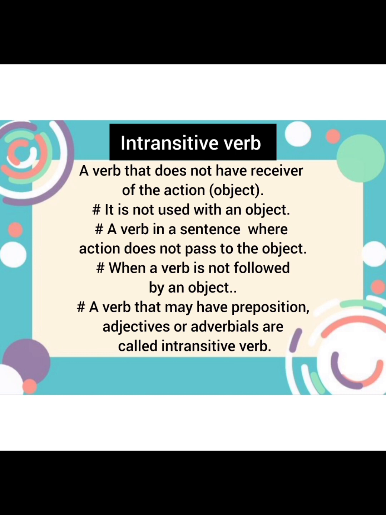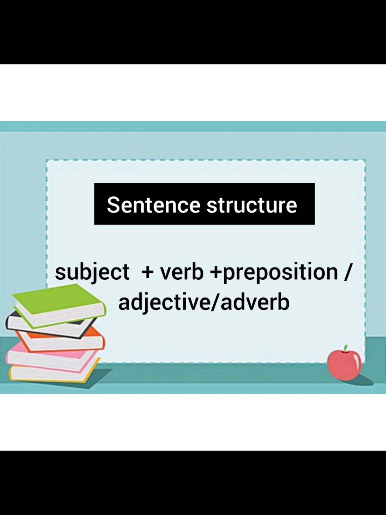Like in the previous case, the sentence structure was subject, verb, object, but in this case, the sentence structure might be different. Subject will be there, verb will be there, but it's not necessary that after the verb, a direct object is there. We can write any kind of adjective, any kind of adverb or adverbial, or an object might be there but after the preposition.